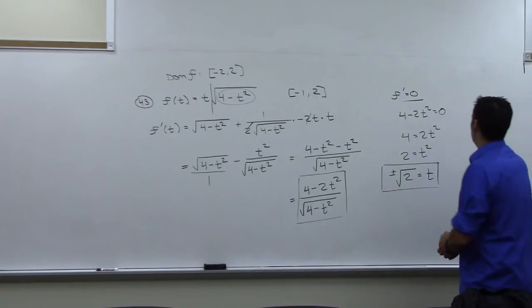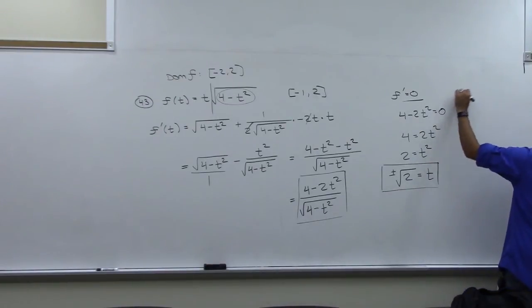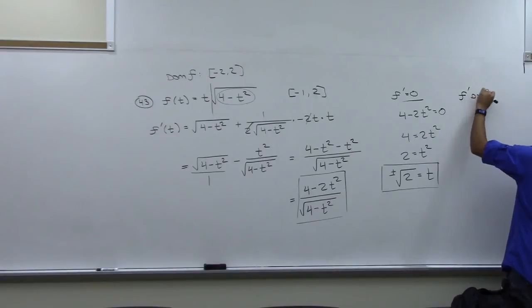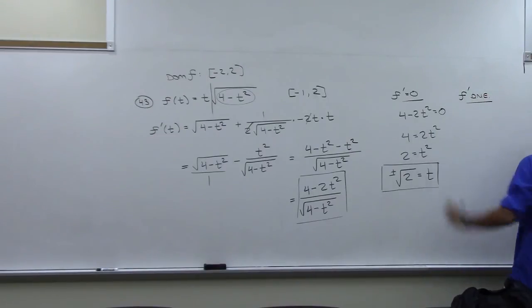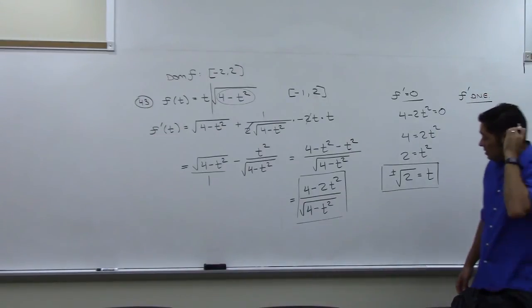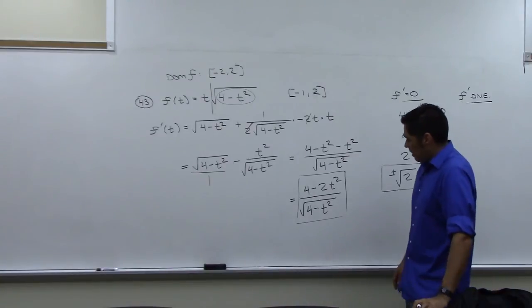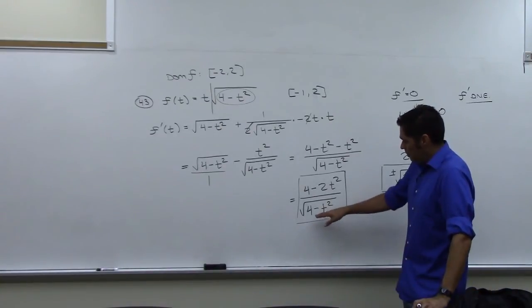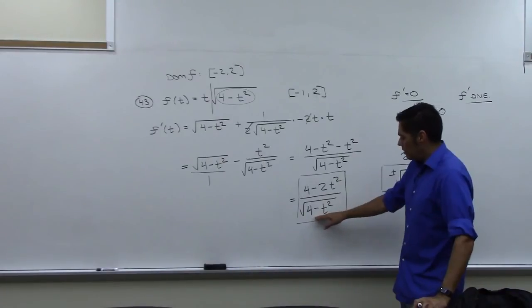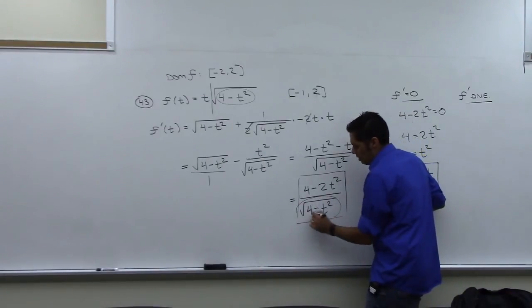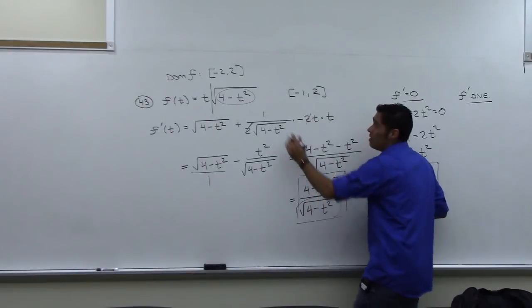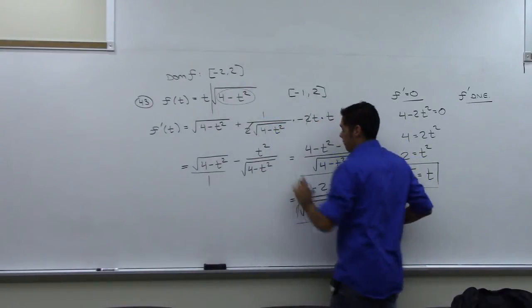Now I have to consider, can the derivative ever be undefined? Or could it not exist? And the answer is yeah. If this thing is ever 0, we're going to have a problem. Now I don't have to worry about the inside ever being negative, because I'm only working on the domain anyway, right?